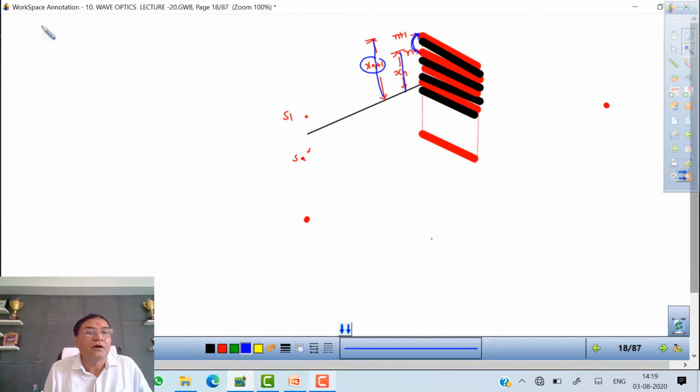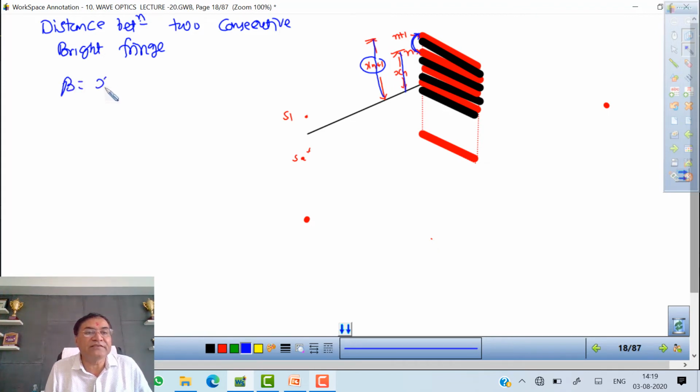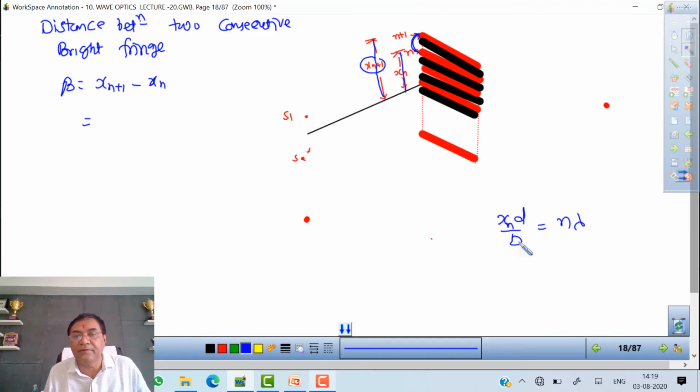So the distance between two consecutive bright fringes, I say beta, is equal to xn plus 1 minus xn. So what is xn plus 1? We have the formula xd upon D is equal to n lambda. So for the nth it is n lambda; for xn plus 1, I have to take n plus 1 into lambda.